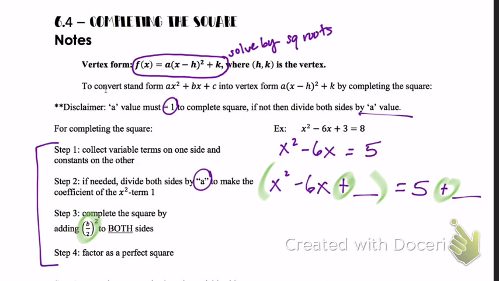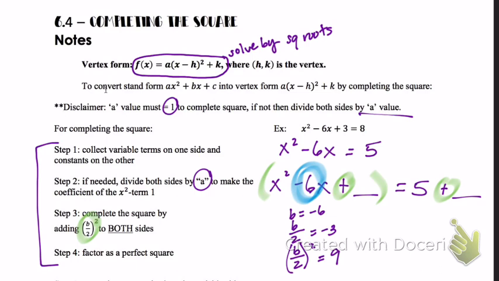What I mean by b is my middle term. I'm going to take my 6, or my negative 6, and I'm going to half it. So if b equals negative 6, b over 2 equals negative 3, and b over 2 squared equals 9.